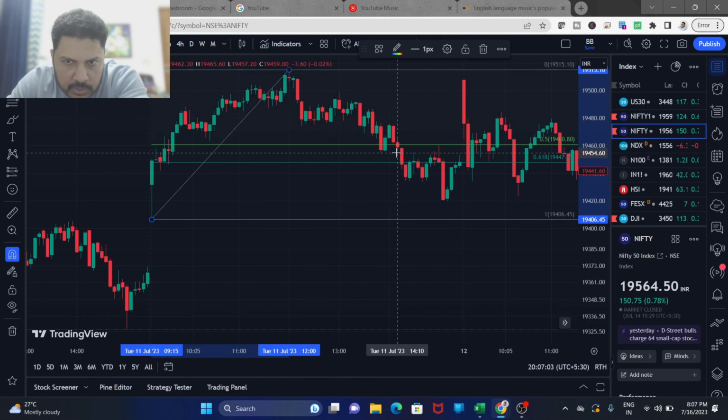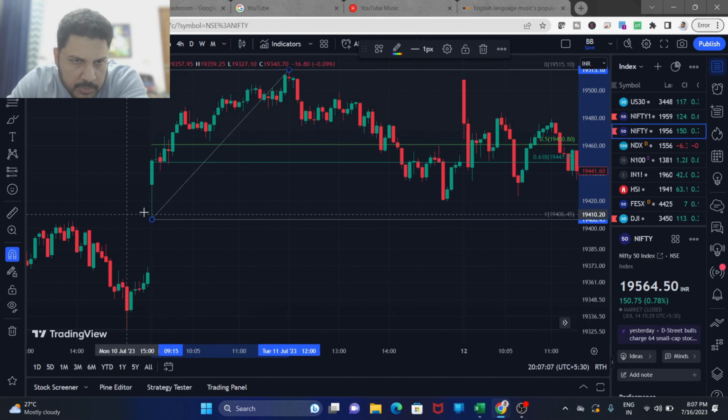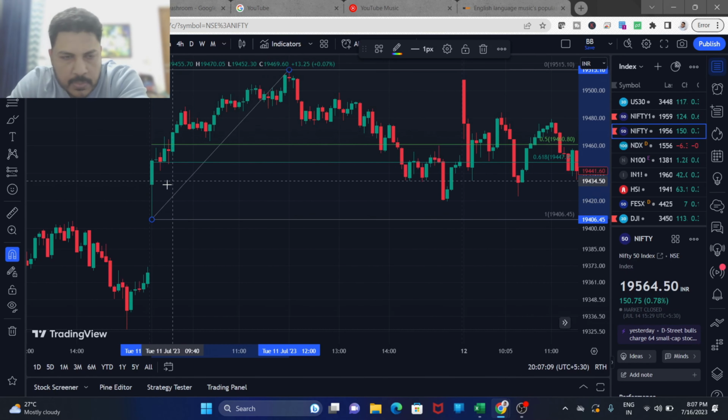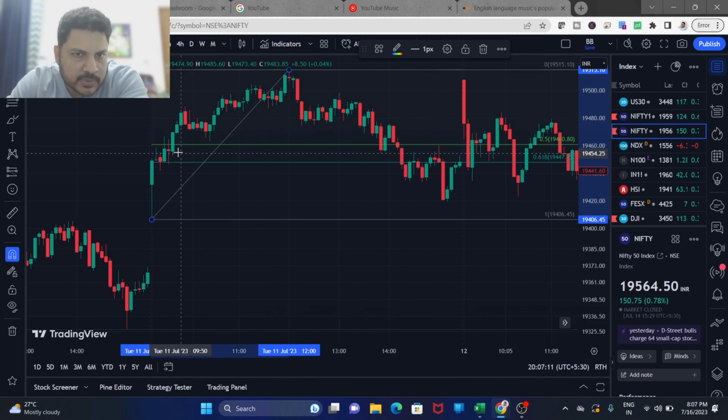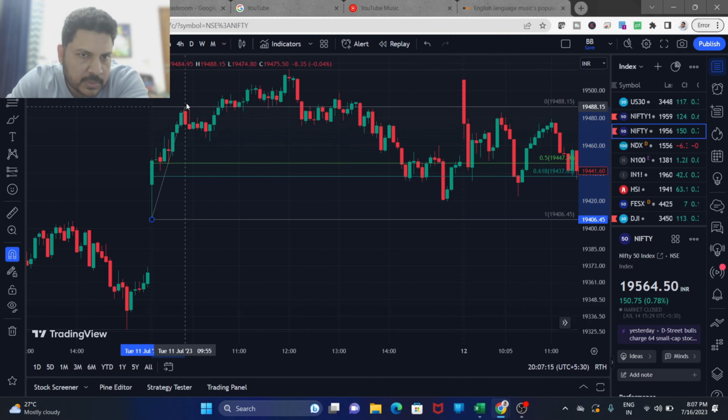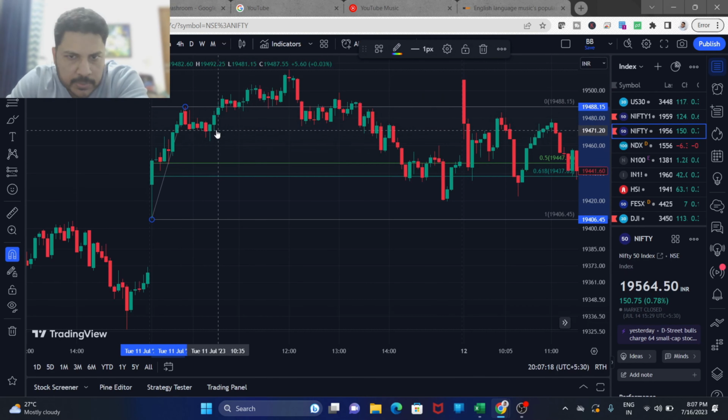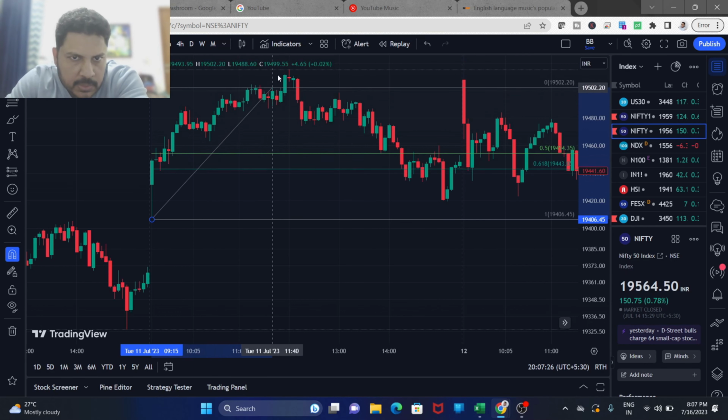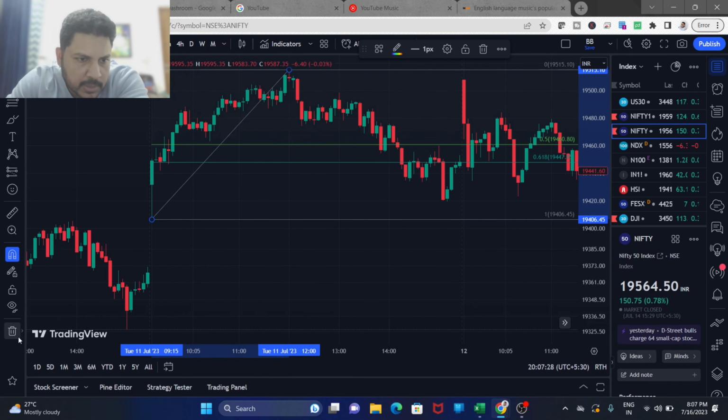From there your stop loss was hit and it has gone. So this was a failure for sure. But if you have seen this move, in the first 15 minutes it made a high and then it dropped. From here we didn't get any entry, that's fine. So this is not a proper entry for us.